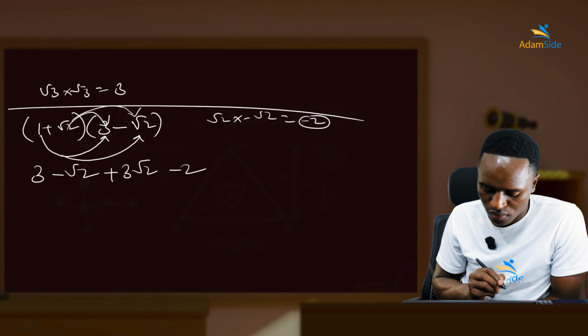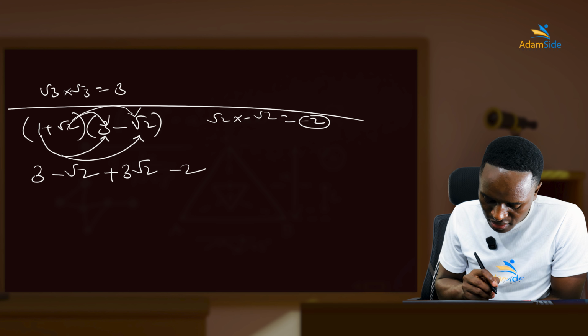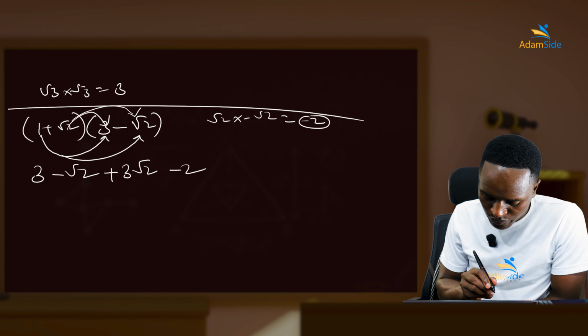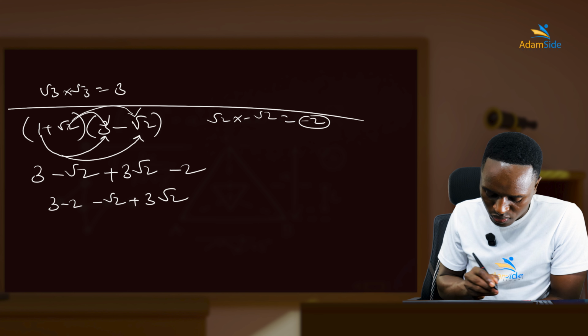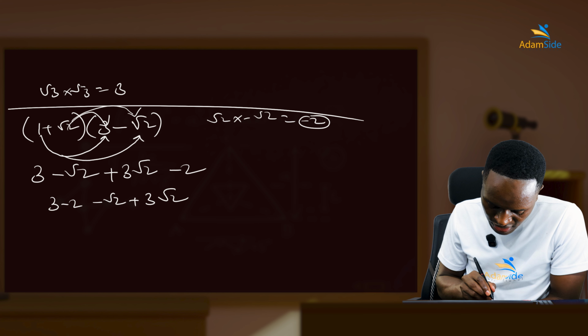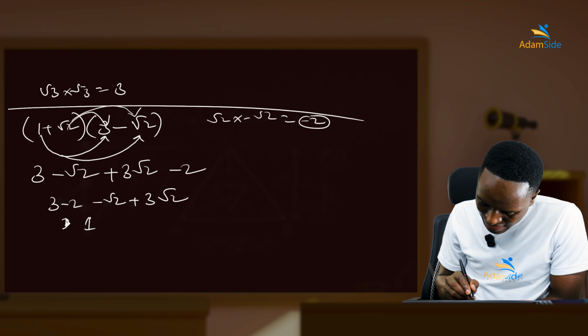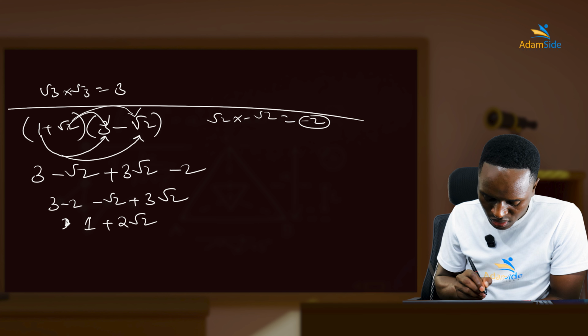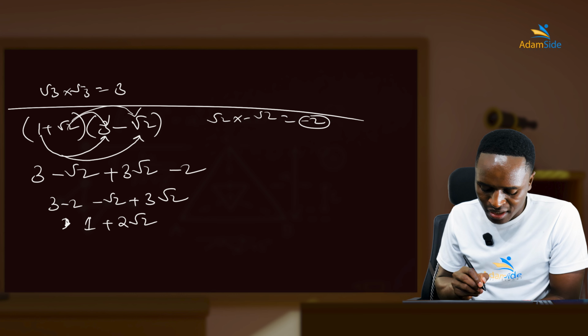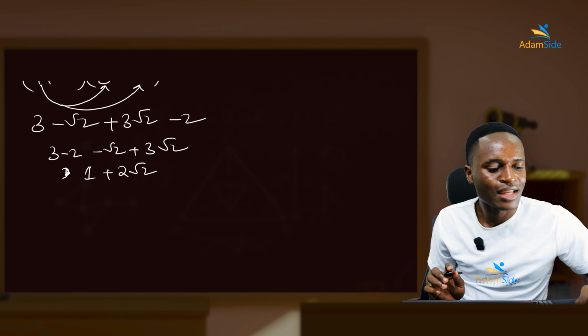Then we have 3 minus 2, which is 1. Collecting the root 2 terms, minus root 2 plus 3 root 2 is plus 2 root 2. So the answer is 1 plus 2 root 2.